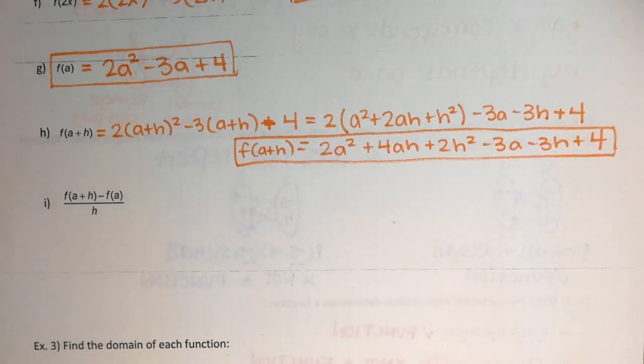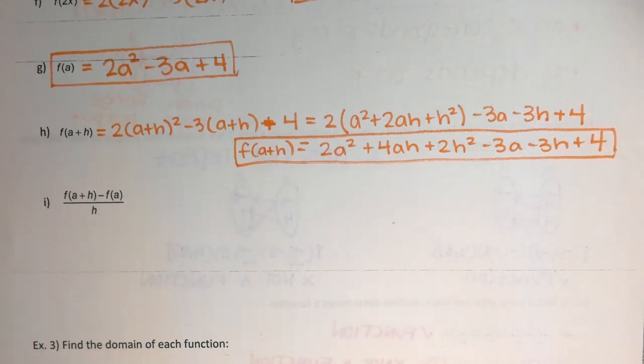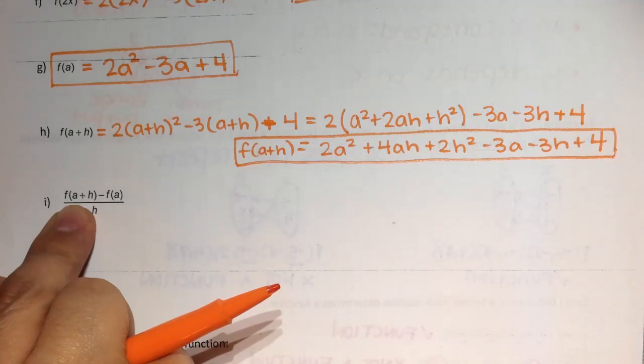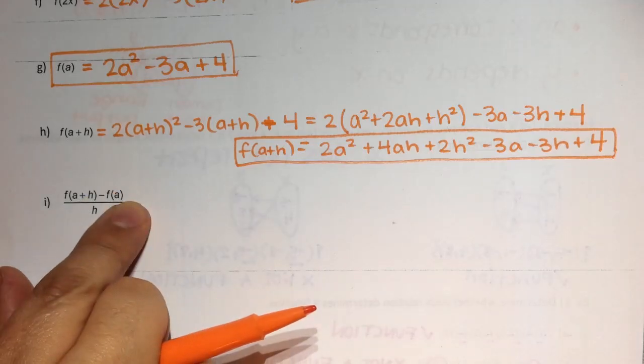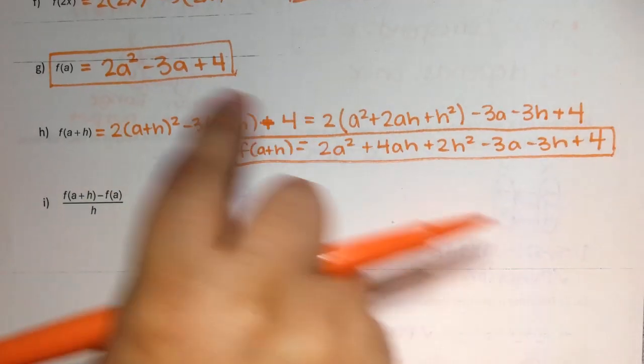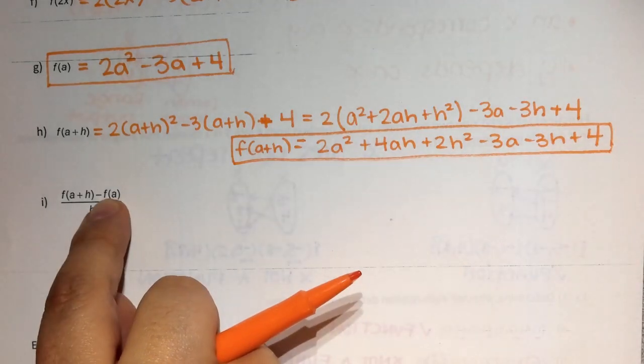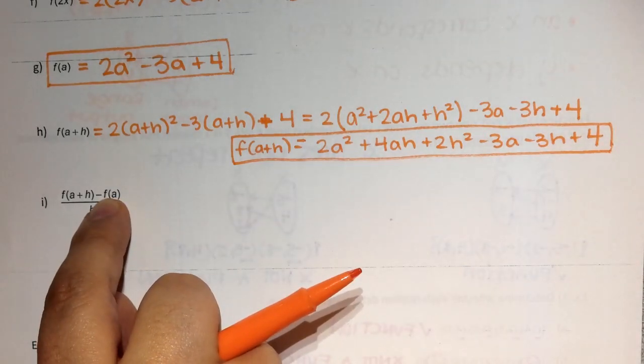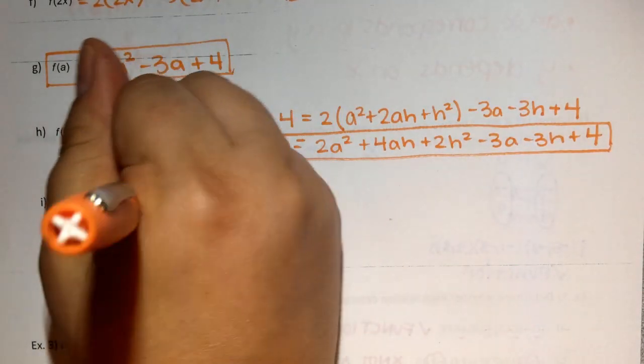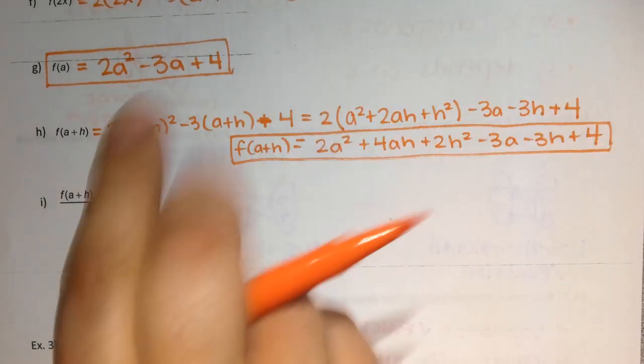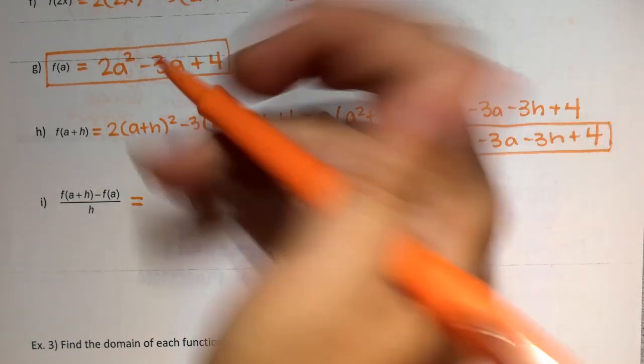So what am I going to do to find this value? Well, didn't we already find f of a plus h? Didn't we already find f of a? So can we take these two answers and just subtract them? Yes. That's exactly what we're going to do. So I'm going to do f of a plus h, which is this right here.